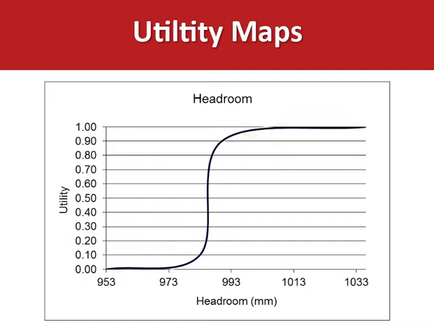So the result is this S-shaped curve, which indicates a very tight threshold. As before, we can use the utility function, represented here graphically as a utility map, to read off different values of headroom expressed in millimeters and translate those to utility values on the interval 0 to 1.